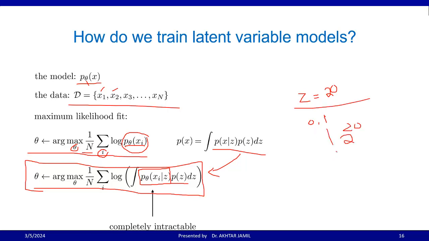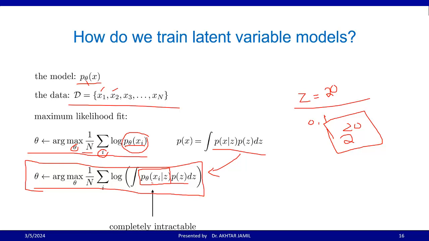So this is going to be a huge number. So integrating over all those possible values, अगर आप calculation के point of view से देखें, this may not be tractable for us. So there is a need to change this one, कि manually उसको integrate करने throughout for all the possible values. So that is not a feasible solution.